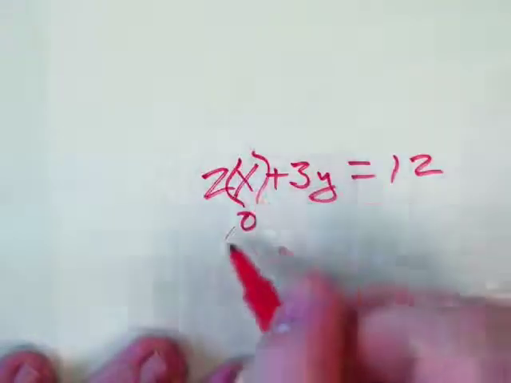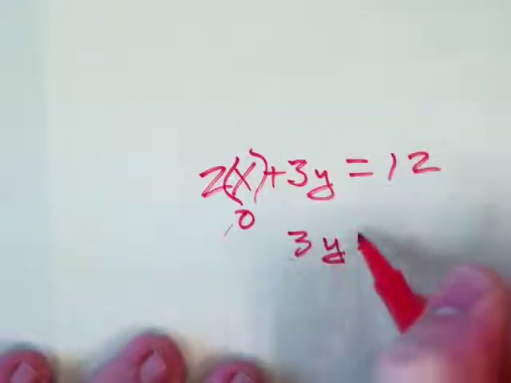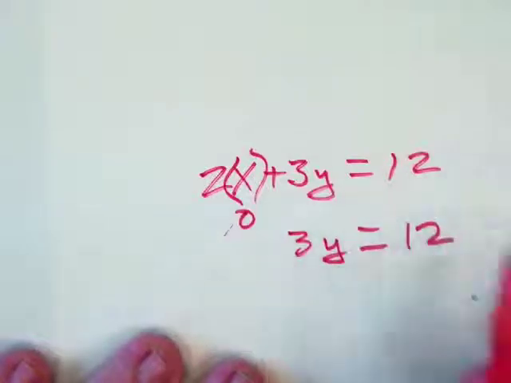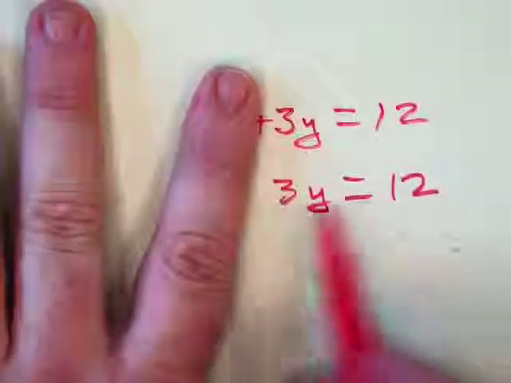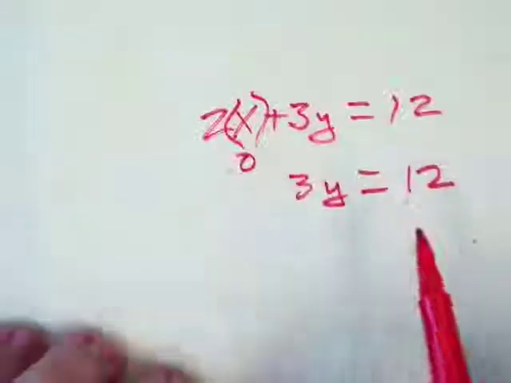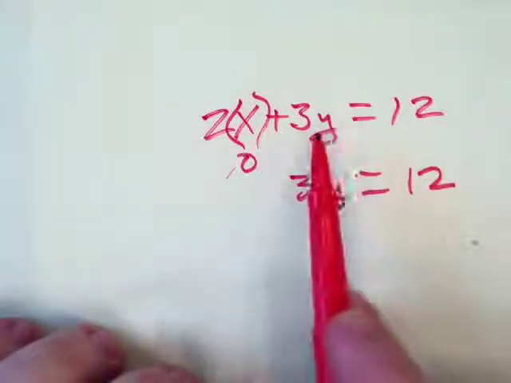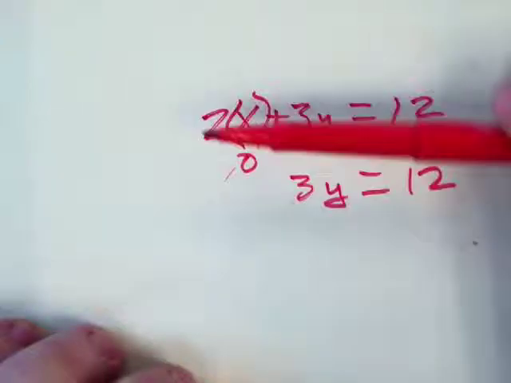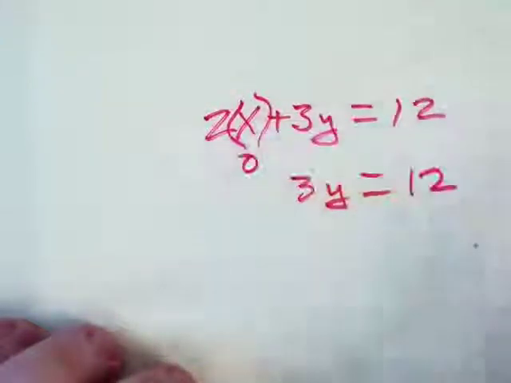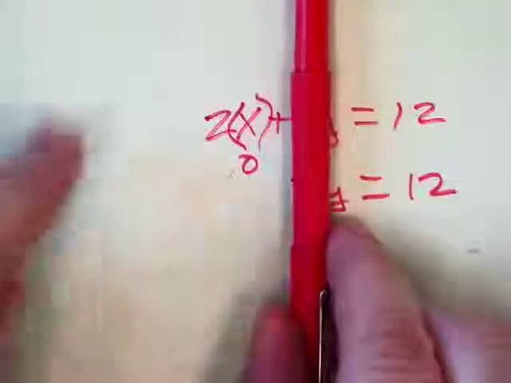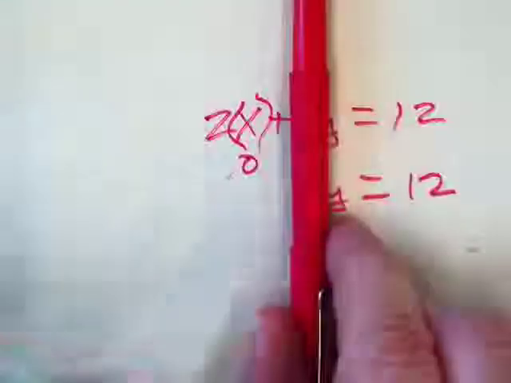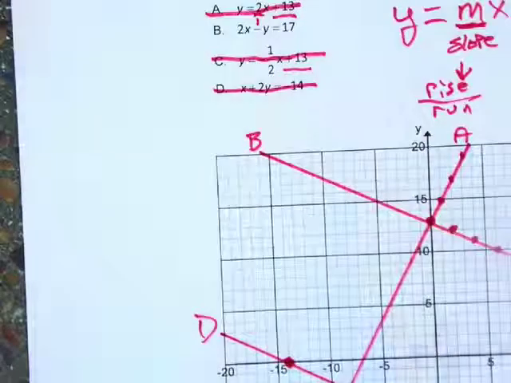Well, it's 0, leaving us with 3y equals 12. So that's the same thing as just covering that up and saying I plugged in 0 for that, what's left? Okay, same thing here. If I want to know the x-intercept, then that means the y is exactly 0. So that's where I plug in the 0 right there, and I'm left with 2x equals 12. So that's what I'm doing right there.